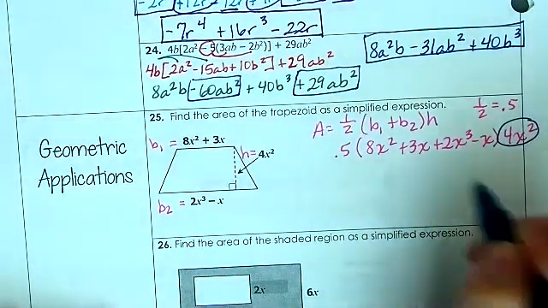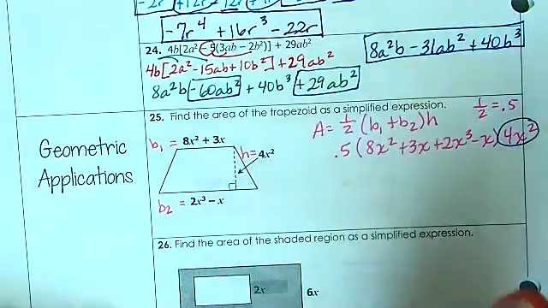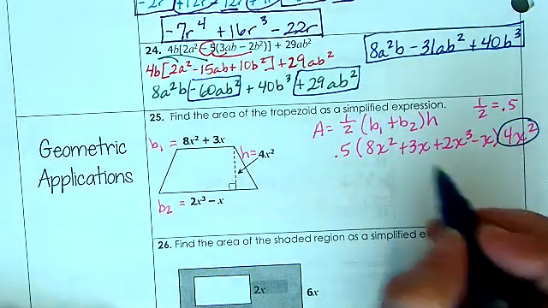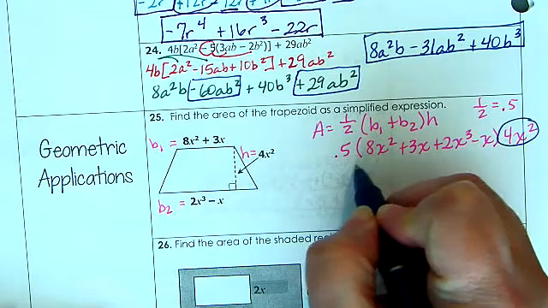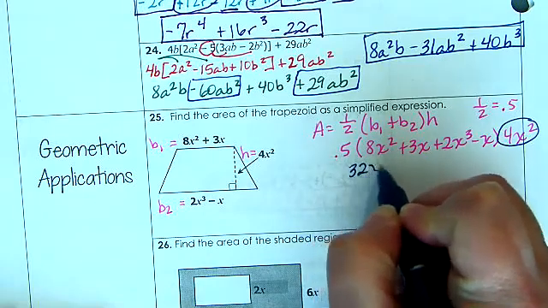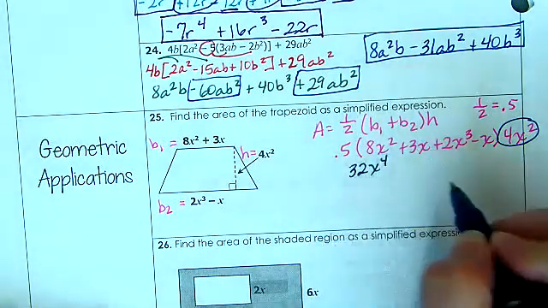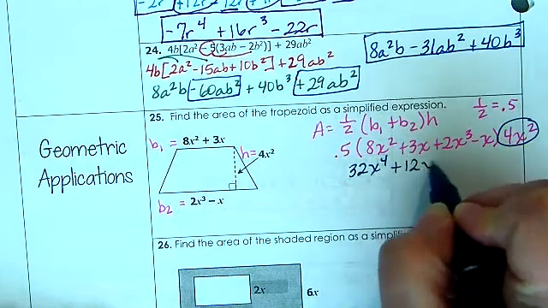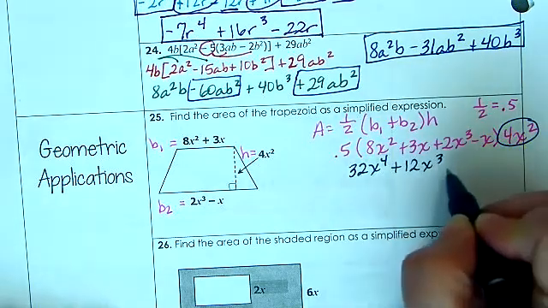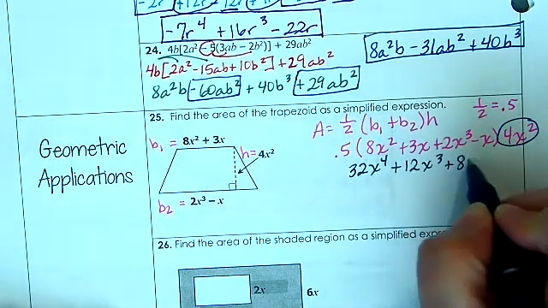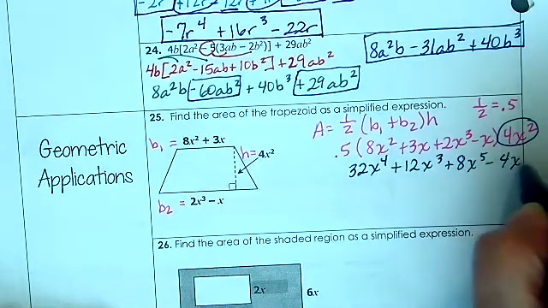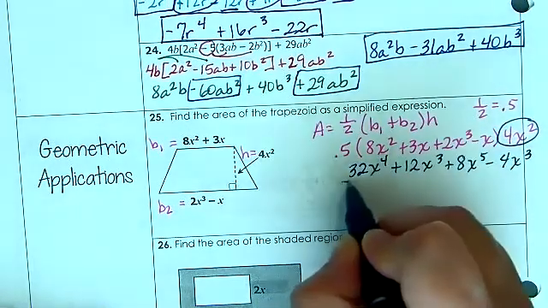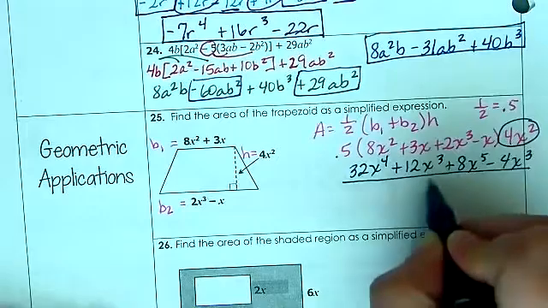So that's going to give me, because I could also just take and divide by 2 at the end. Let's see what ends up happening. So we have 32x to the 4th plus 12x to the 3rd plus 8x to the 5th minus 4x to the 3rd. And that's all divided by 2.